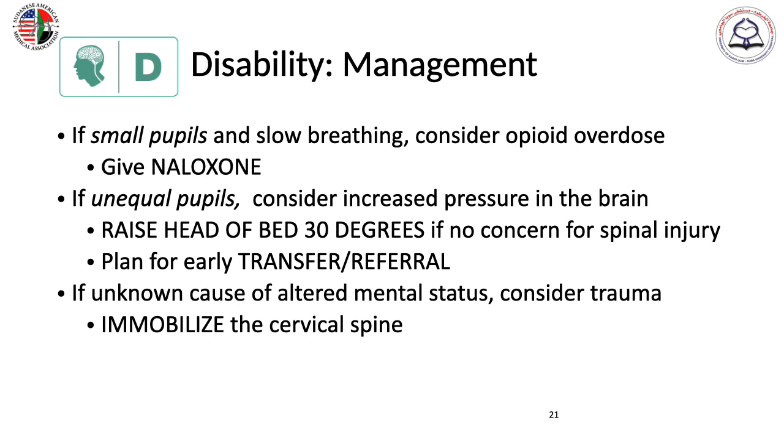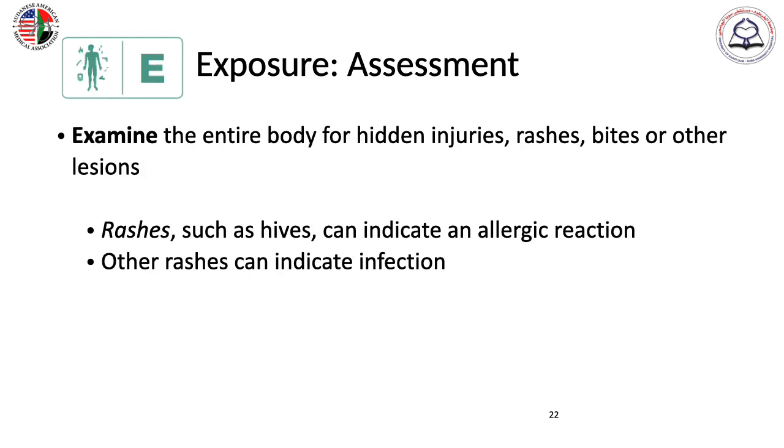So if there is no suspicion of trauma, you can raise the head of the bed at 30 degree if there is no concern of spinal injury, and plan for early transfer to adequate treatment area, ICU or another facility. If unknown cause of altered mental status, consider trauma and immobilize cervical spine.